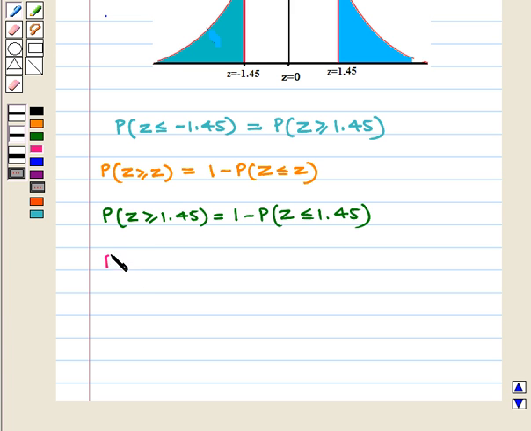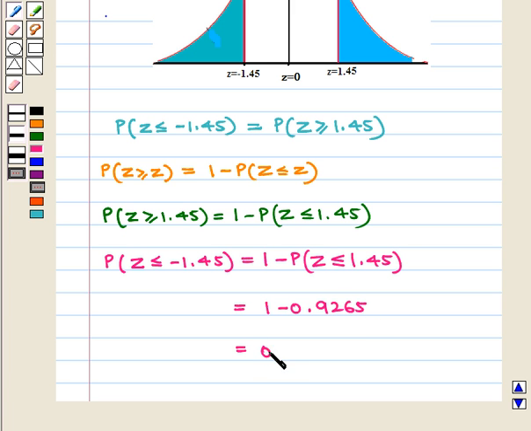Thus, probability of z less than equal to minus 1.45 is equal to 1 minus probability of z less than equal to 1.45, which is equal to 1 minus 0.9265, which is equal to 0.0735.